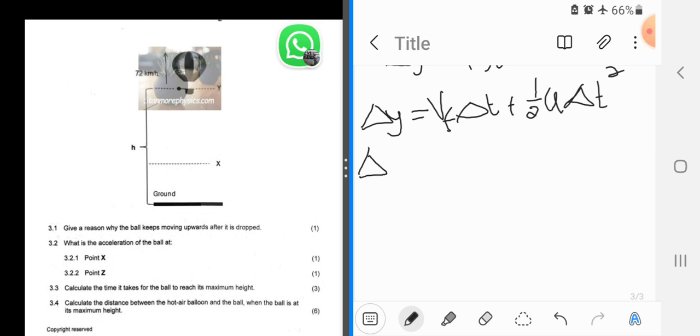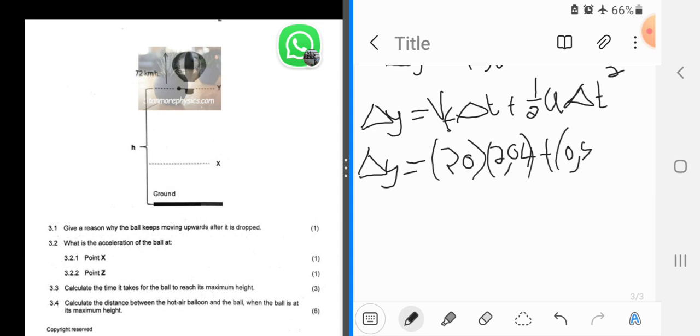So the change in y equals the final velocity of the hot air balloon, because it started from the ground and goes up, it's also 20, and then we have 2.04, that is the change in time that we calculated, and then we have 0.5, and then this 9.8, and then we're still going to take the 2.04 squared.